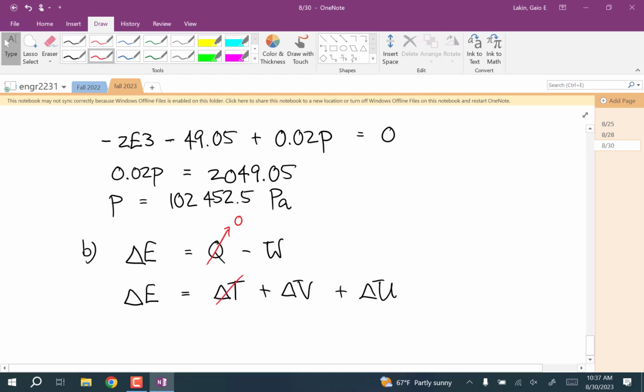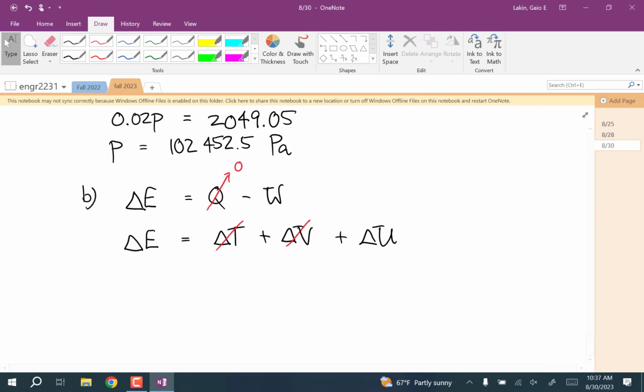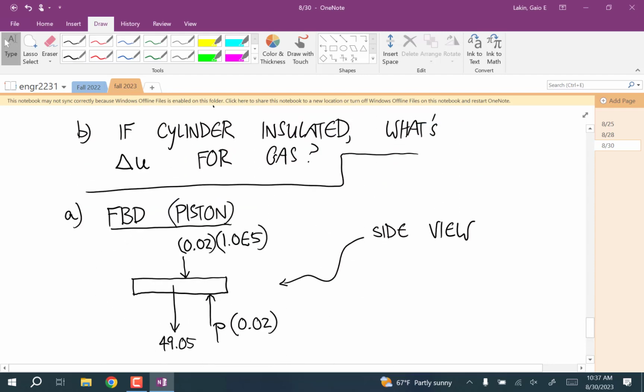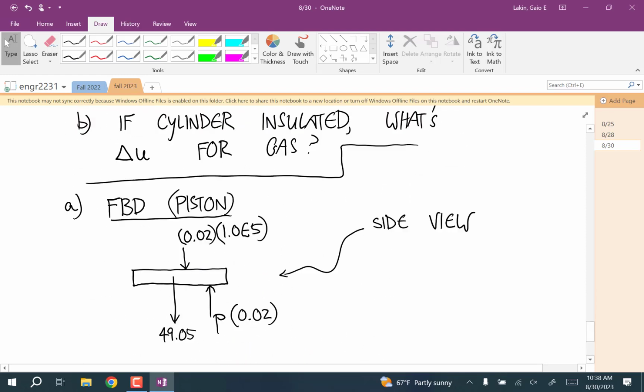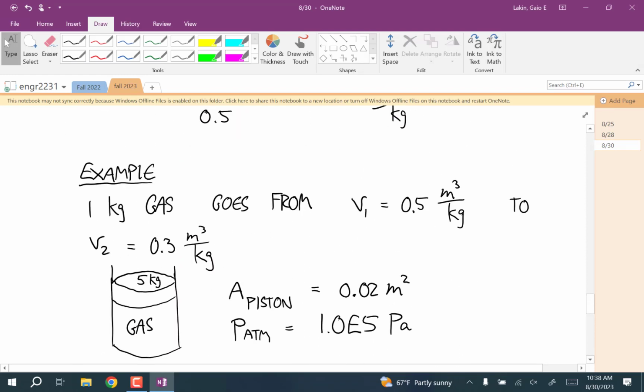So we're going to forget about those. Okay, so what we're left with is the change in internal energy is equal to negative W. We're trying to come up with the specific internal energy, which we could get since we know that it's 1 kilogram of gas.